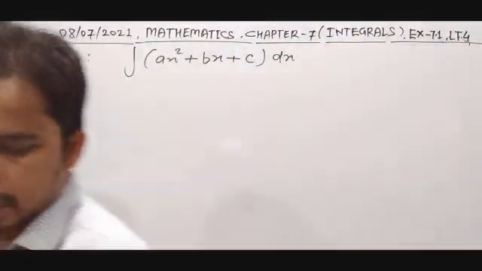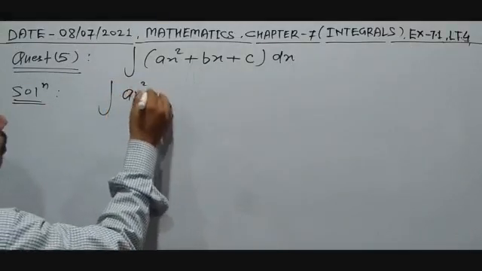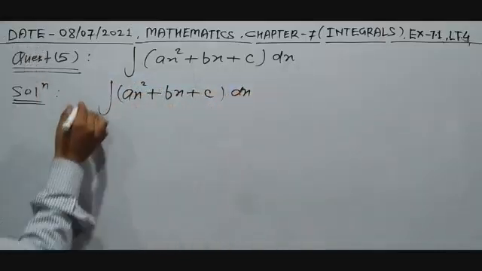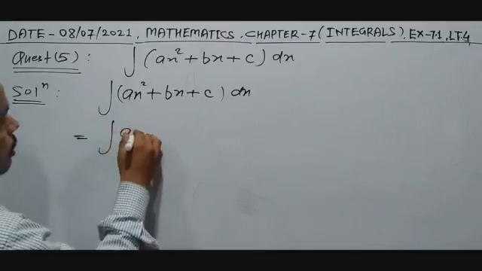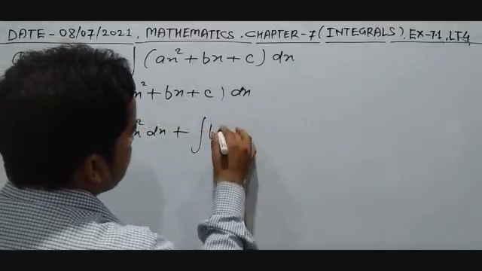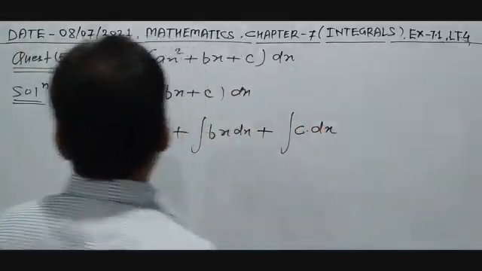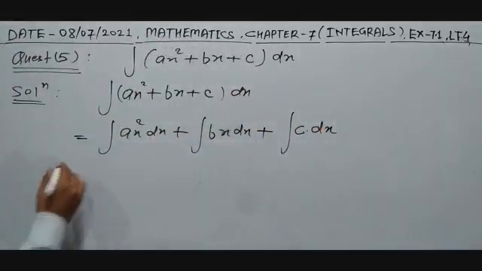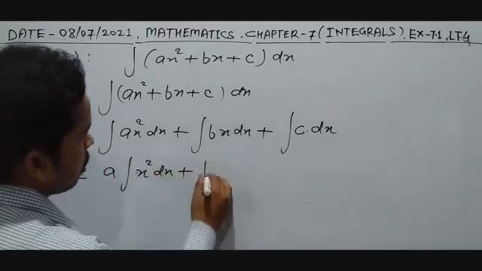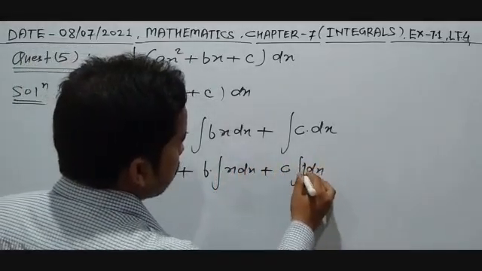So now see here, first of all write the statement, ax square plus bx plus c dx. Now you can separate: ax square dx plus b times x dx plus c times dx, and the constant terms will be outside the integration, meaning a times x square dx plus b times x dx plus c times 1 dx.